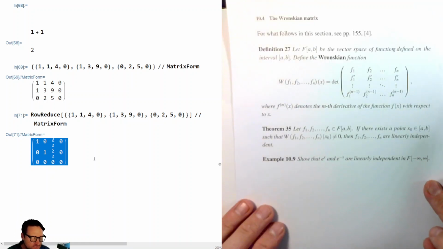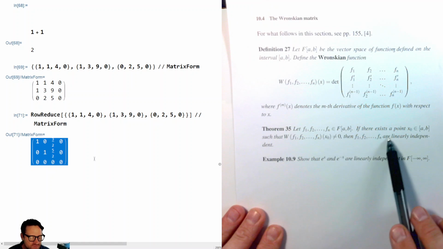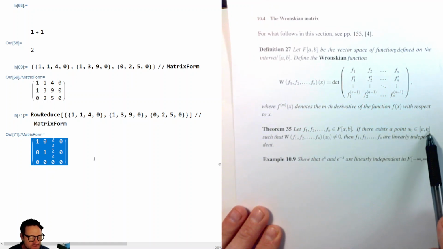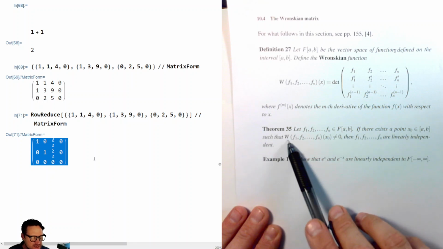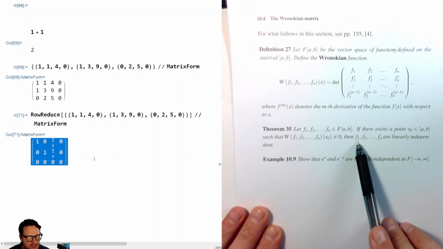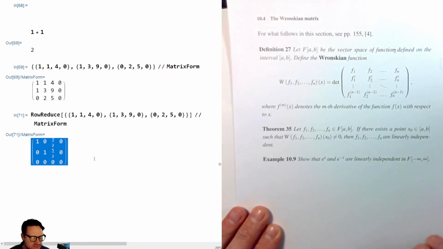Let f1, f2 up to fn be in this vector space of functions. If there exists a point x0 in the interval from a to b such that the Wronskian at x0 is non-zero, then these functions are linearly independent functions in that function space.